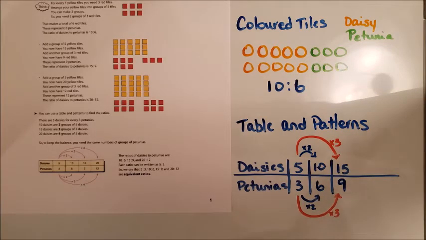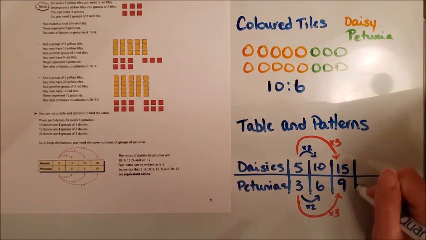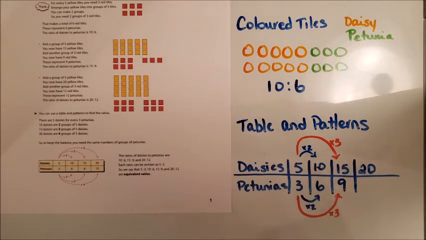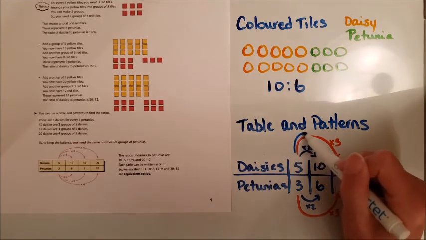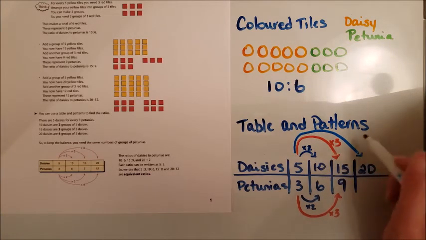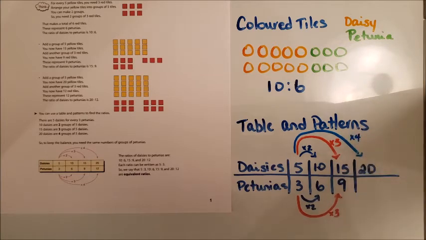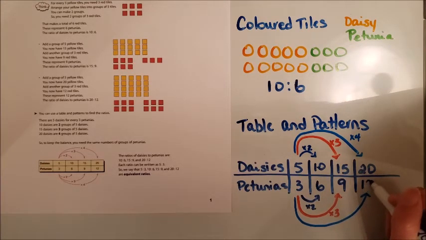If I wanted to know for 20 daisies, I have to look and see what is that rule that I'm following. What did I do to go from 5 to 20? Well, I multiplied by 4, so I need to multiply this one by 4 as well. So 3 times 4 is 12.